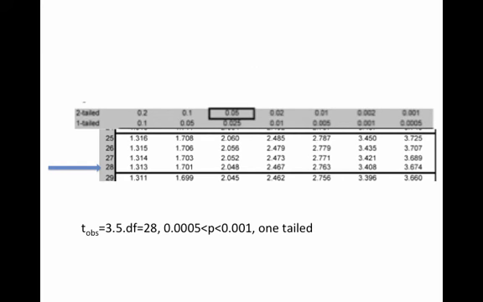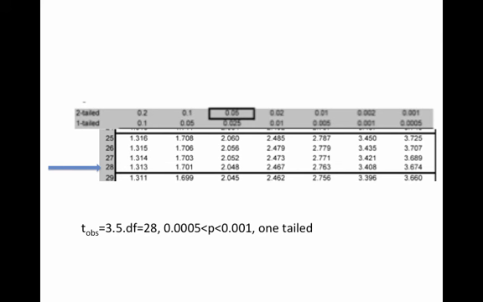Given this example, you can actually show the reader that you have greater certainty. If you look at the row for degrees of freedom 28, you see you can reject the null hypothesis at 0.05, 0.025, 0.01, 0.005, and 0.001, but not for the last column, 0.0005.